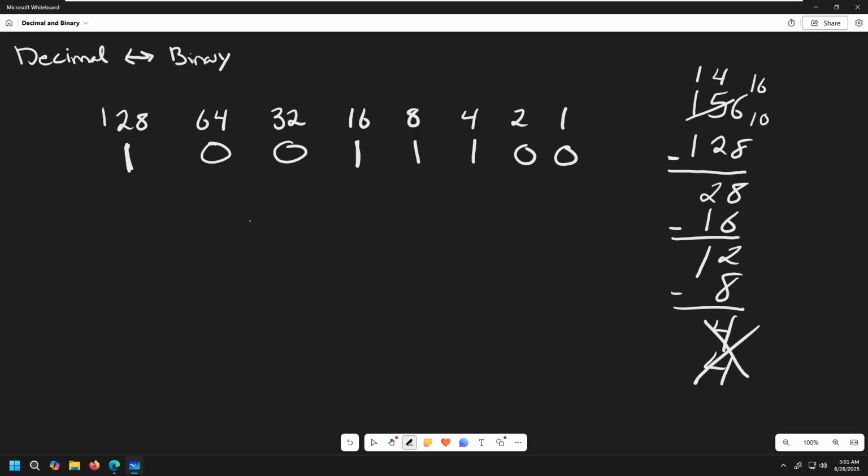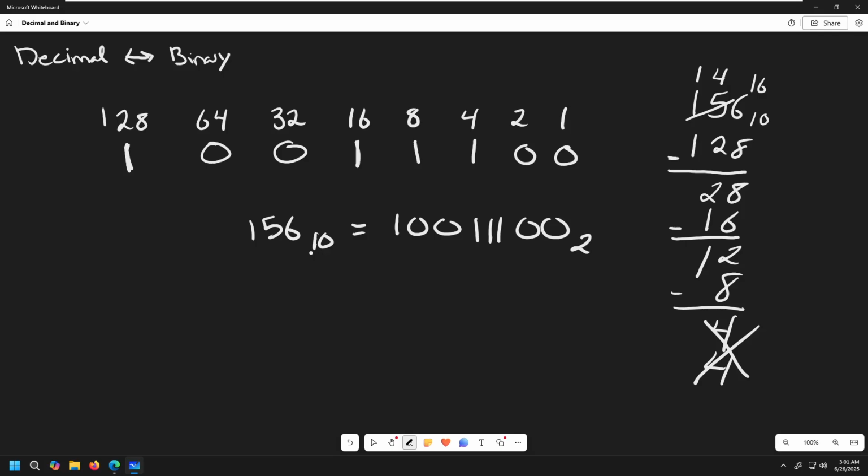So if I did my mathematics correctly, then 156 base 10 is equal to 1, 0, 0, 1, 1, 1, 0, 0, base 2. And I'm going to look over at my, let's see, this is 156, and on my program it returned 100111100, so it does look like I did that calculation correctly.